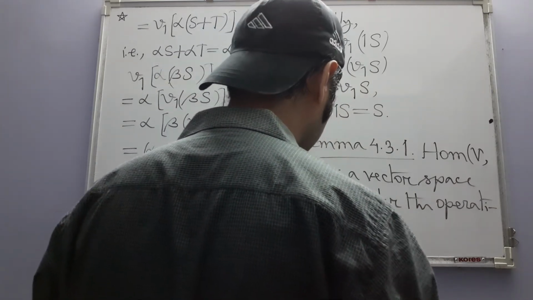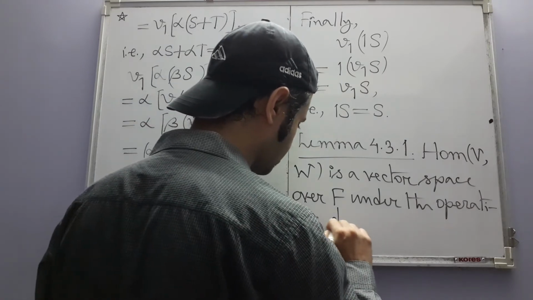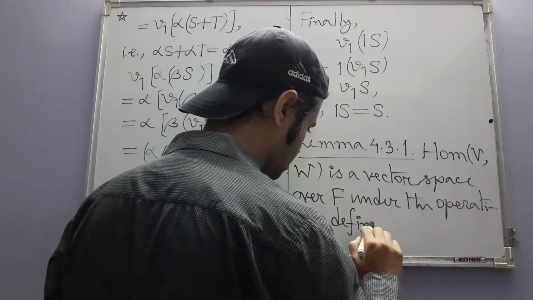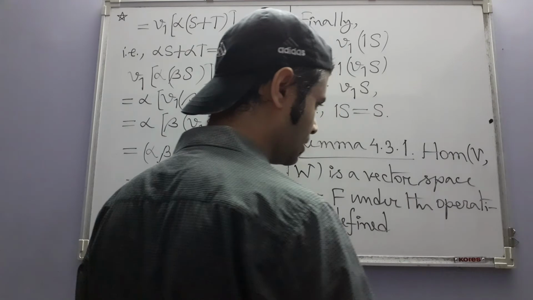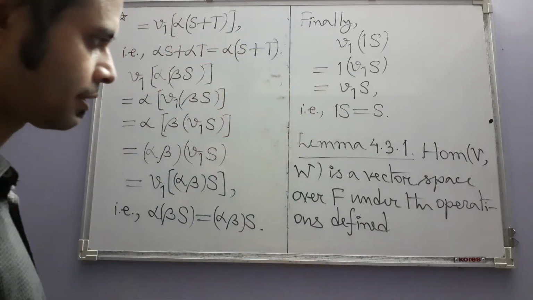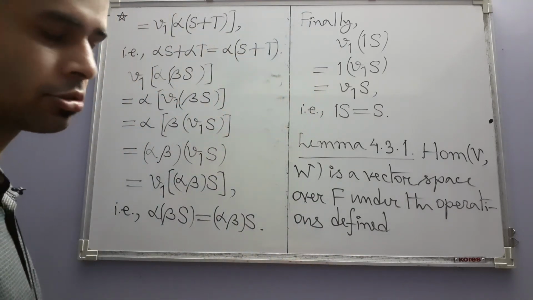Herstein writes "described above", but let me write "defined above", because we did not just simply describe things, we actually defined the things and then we showed all the things.